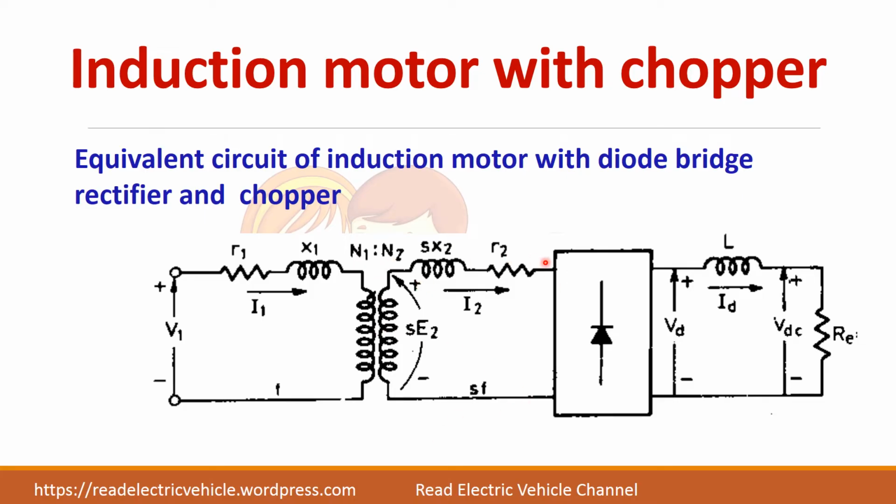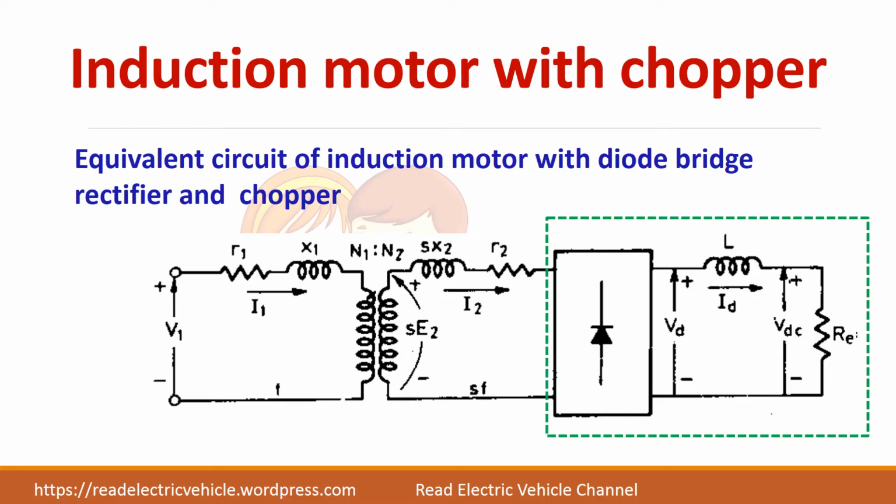So till this part the equivalent circuit remains same. After that we are connecting a diode bridge rectifier, then an inductor and a resistor is connected. You see here it is RE, not R. It is the effective resistance RE. So this part is connected extra now.